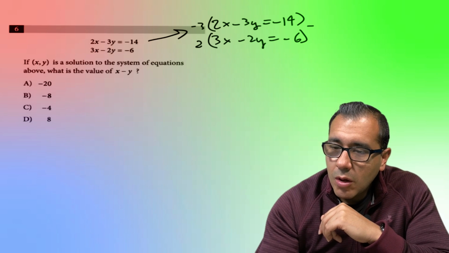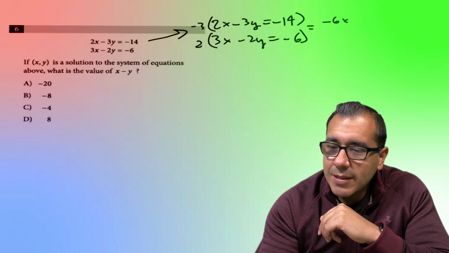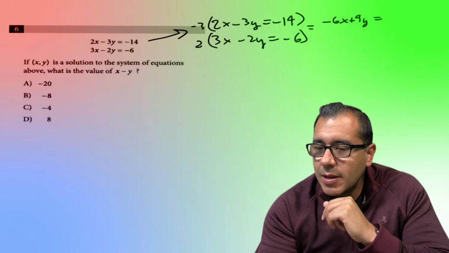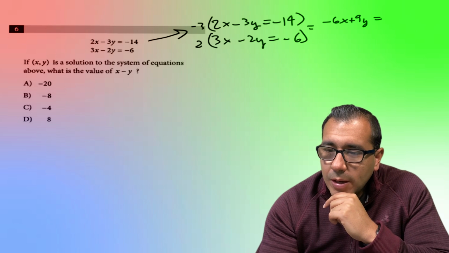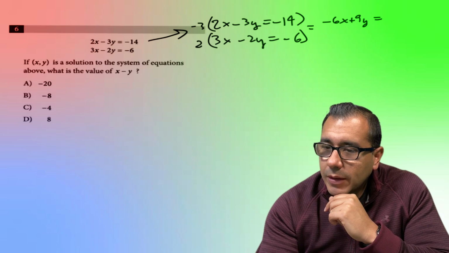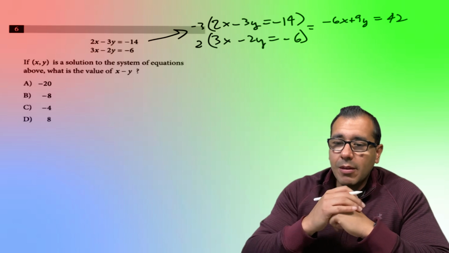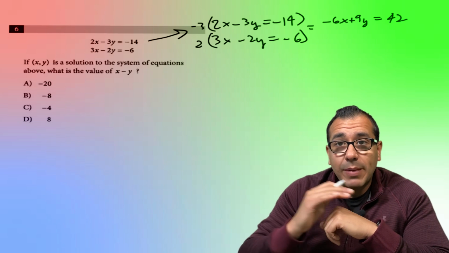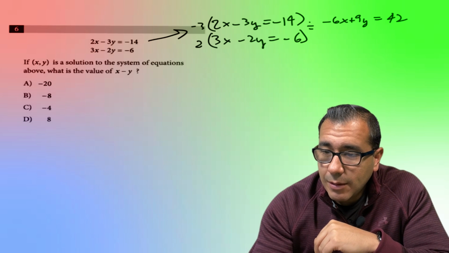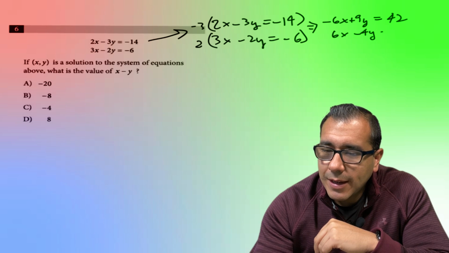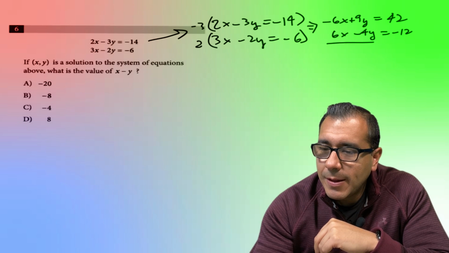All right, so once we do that, we're going to get -6x plus 9y equals 42. And then we're gonna multiply the bottom equation by 2. I'll put a little arrow here. We're gonna get 6x minus 4y, and that's gonna equal -12.